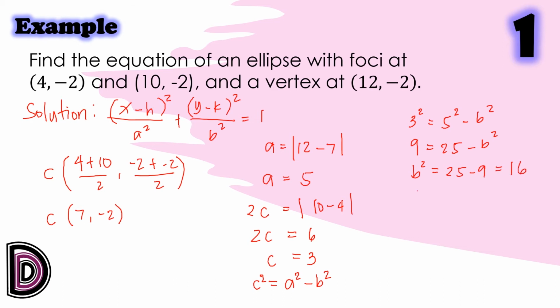Getting the square root of both sides, we have b is equal to 4. Hence, the equation of the ellipse is given by (x − 7)² over 25, that is 5², plus (y − (−2)), so we have (y + 2)² over 16, that is from b is equal to 4 and b² is equal to 16, equals 1.